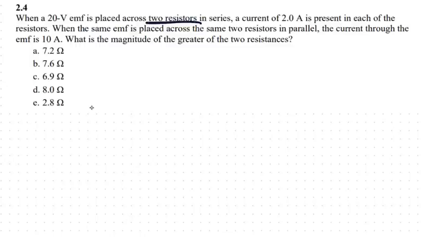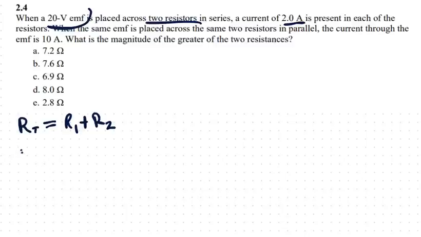So we have that, and for resistors in series, the equivalent resistance, let's say R total, or the total resistance is R1 plus R2. And we are given the EMF, and as well we're given current.